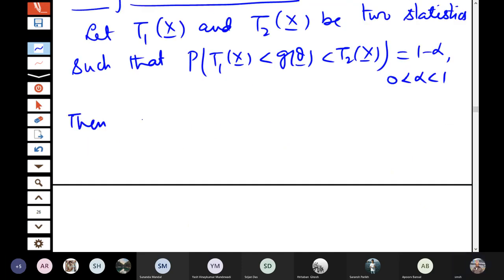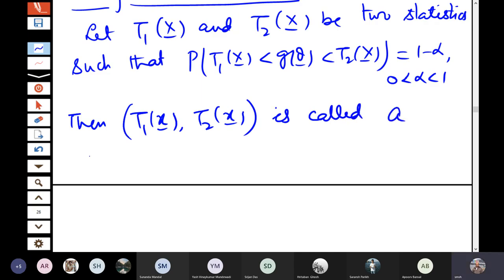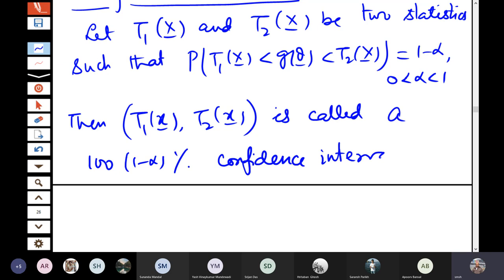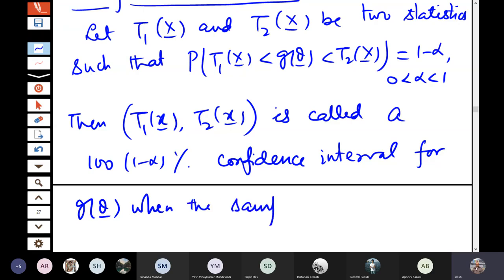Then the interval (T1(x), T2(x)) is called a 100(1 minus alpha)% confidence interval for g(theta) when the sample X equal to x is observed.